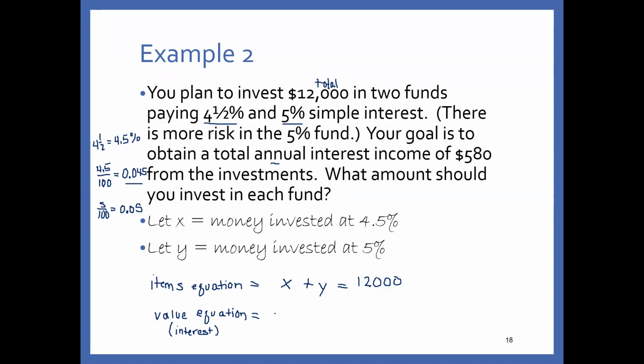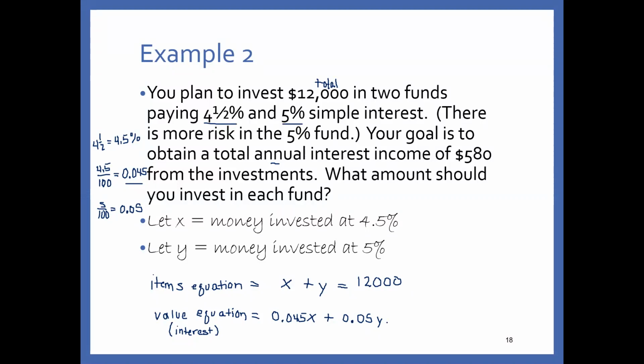So I will take the 0.045 times the X, and that will give me the interest on that account, or the value of that account. I'm going to do a similar process with Y, so I will take the 5% as a decimal, which I already did off to the side, so 0.05, multiply it times the Y to calculate the interest on that investment.